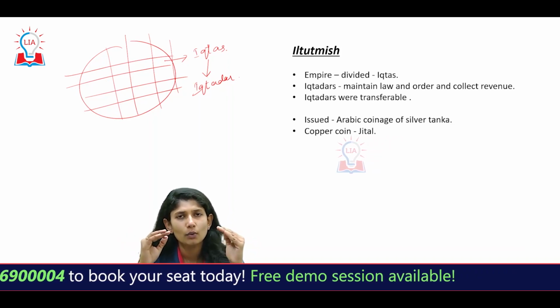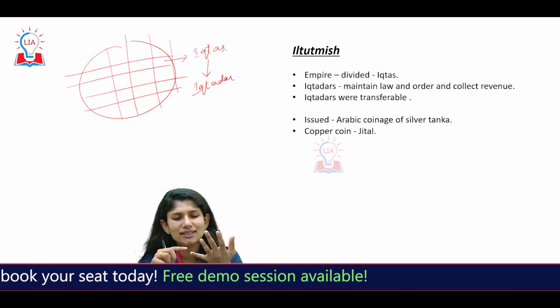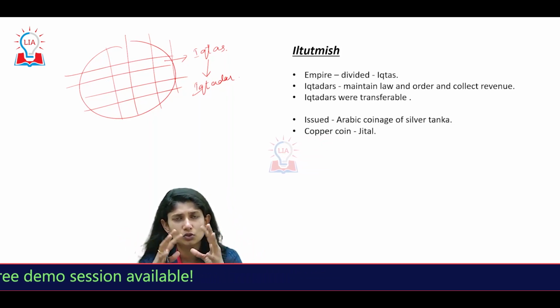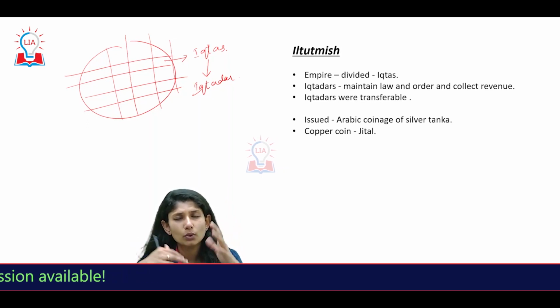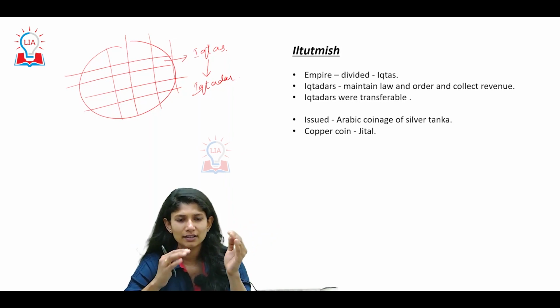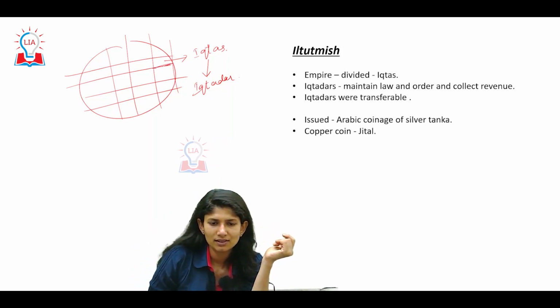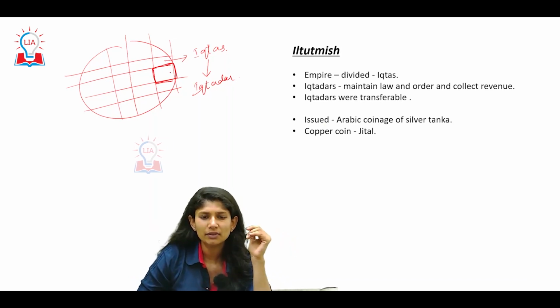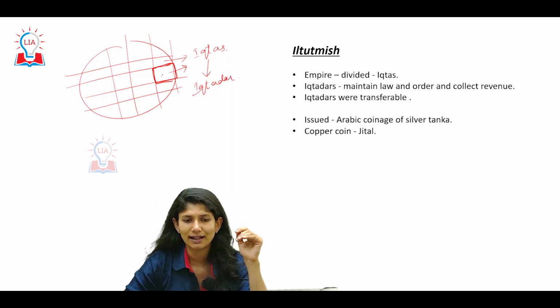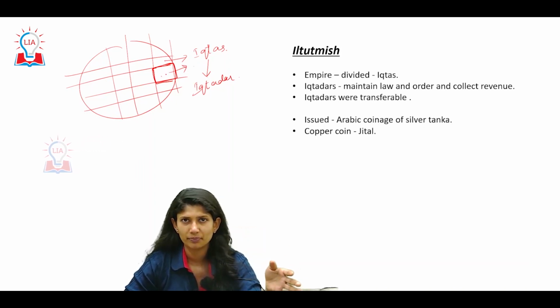Now if they have to maintain a huge amount of army, then they need to give cash, then they need to give food, then they need people to survive and all those things to sustain them. How would they do that? Now instead of cash, they would rather give a particular piece of land. Let's assume this Ikta. Now, if they would give to a particular person this Ikta or this land, it doesn't mean that this particular land is their ownership.